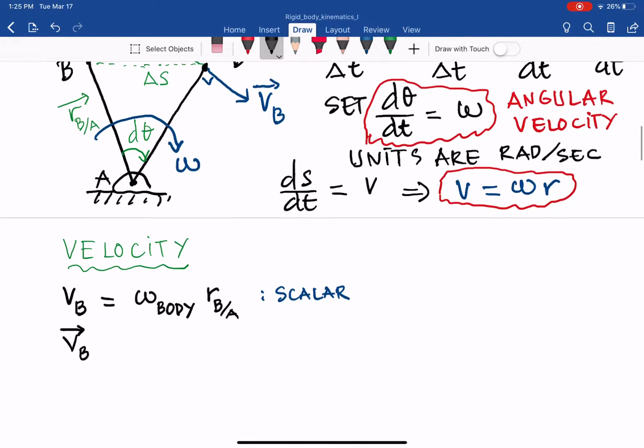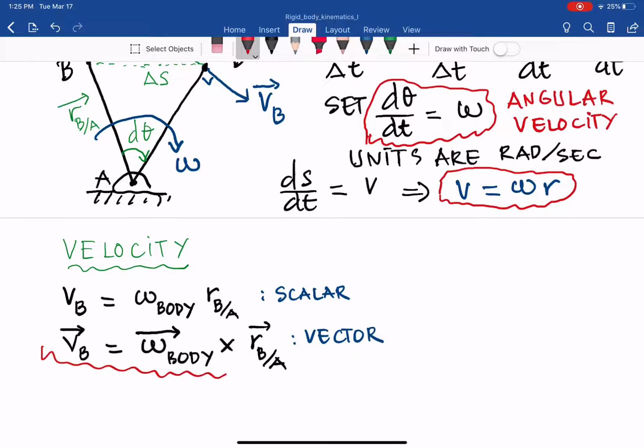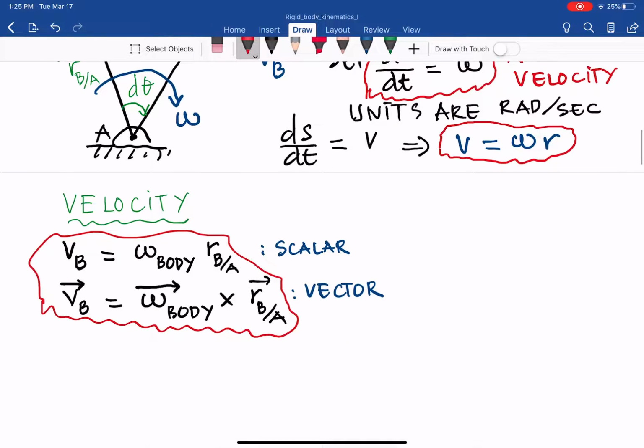Then VB equals omega body vector cross product, not dot, the position vector to B from A, and that is the vector form. These two equations apply for rafa only.